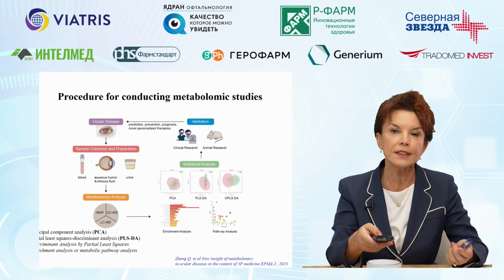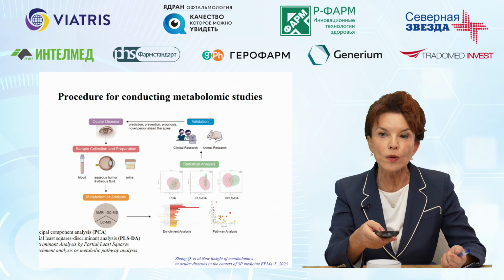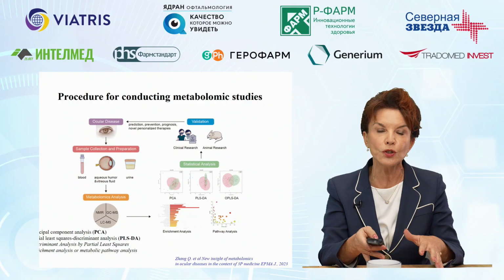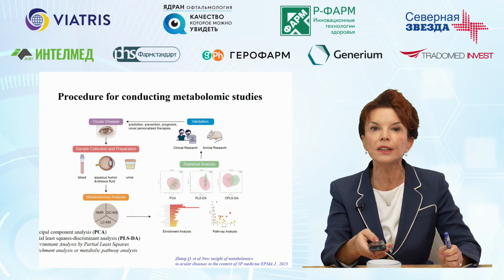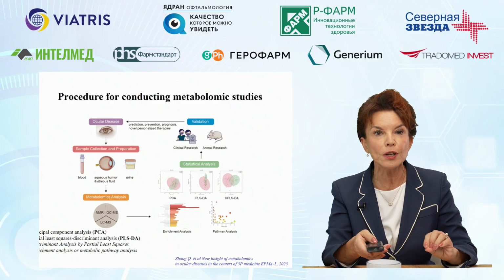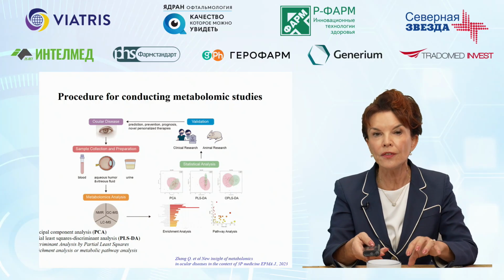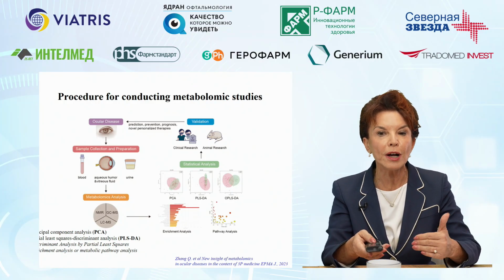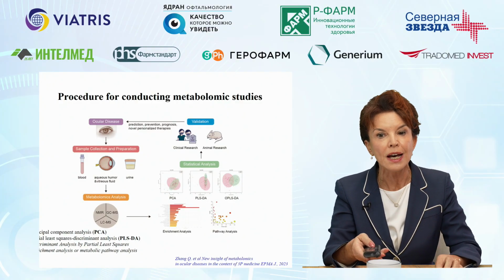As you can see here on this slide, you can see the blood, also the optic nerve tissues in case of glaucoma, or different other drops, and we can use some modern methods of sample treatment. Then we choose the sample and compare it with healthy individuals, and then we identify metabolic pathways.